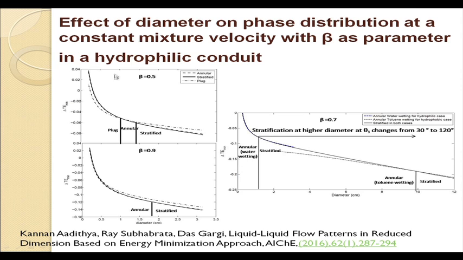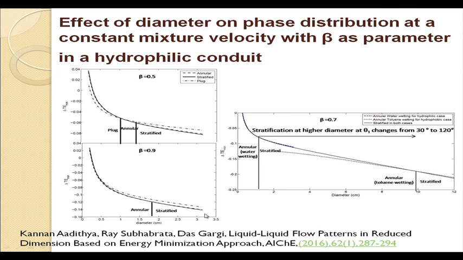So, for low to moderate water fractions and for small diameters we get only plug flow pattern, and beyond a particular critical diameter, which in our particular case of water toluene flow is about 1.5 centimeters, stratification exists for both beta equals 0.5 as well as for beta equals 0.9.